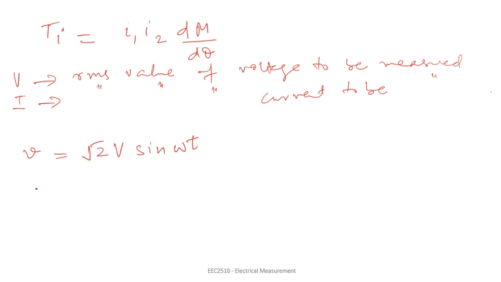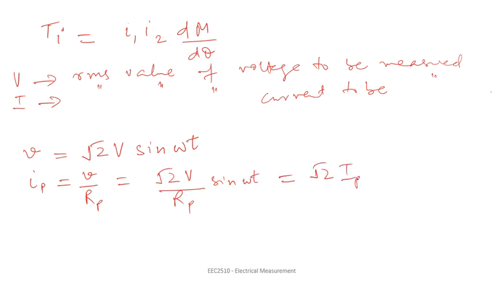Therefore, the current Ip in the pressure coil should be in phase with the voltage, and its instantaneous value is V divided by the resistance Rp of the pressure coil: root 2 V over Rp sin omega t, or root 2 Ip sin omega t, where Ip is the ratio V by Rp.